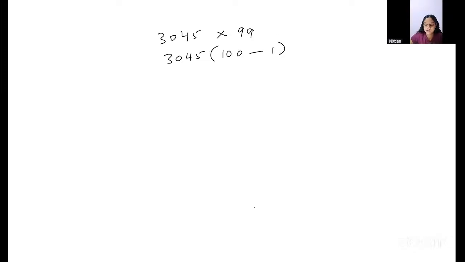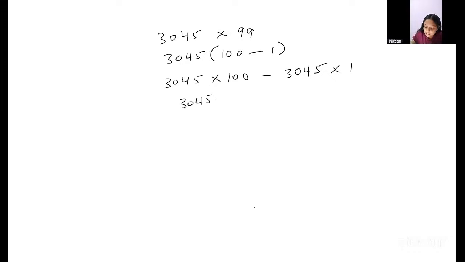Now, I will do 3045 into 100 minus 3045 into 1. So 3045 into 100 is how much? 304500.